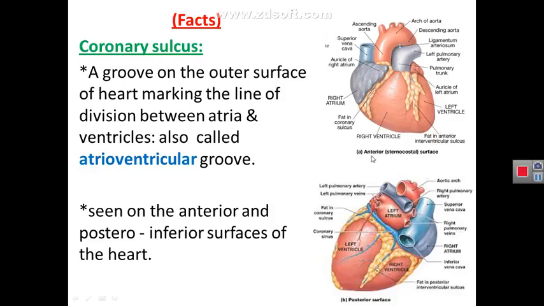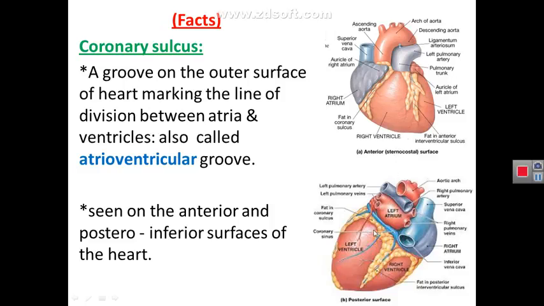These figures show the coronary sulcus or the atrioventricular sulcus. For example, here you can see the right anterior coronary sulcus between the right atrium and right ventricle, and this is the left anterior coronary sulcus between the left auricle of the left atrium and left ventricle.